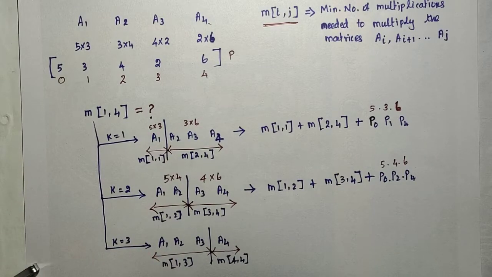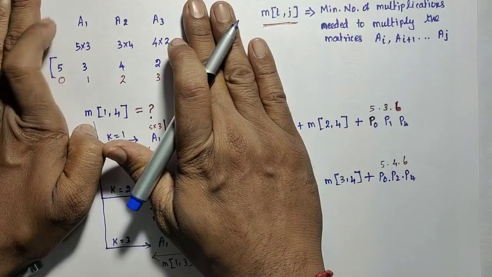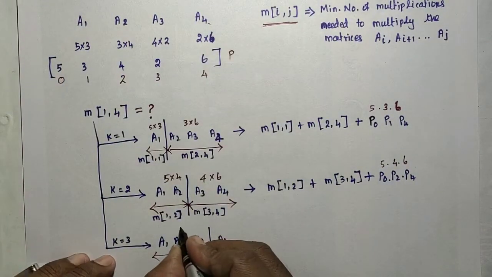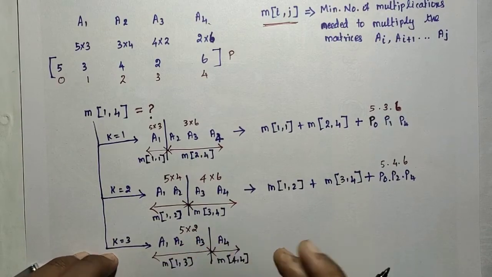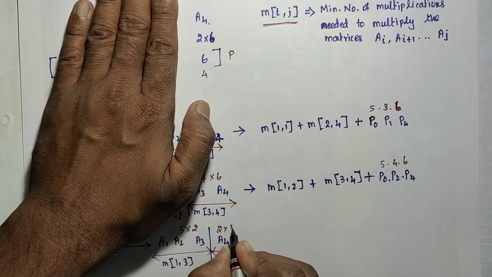Okay, so what is the resultant matrix of this? A1 to A3 gives a 5 by 2 resultant matrix. And A4 is a 2 by 6.